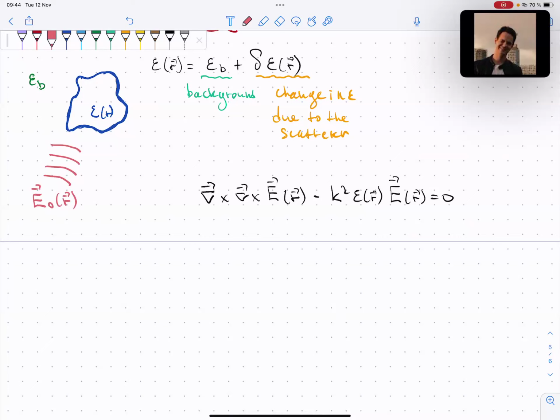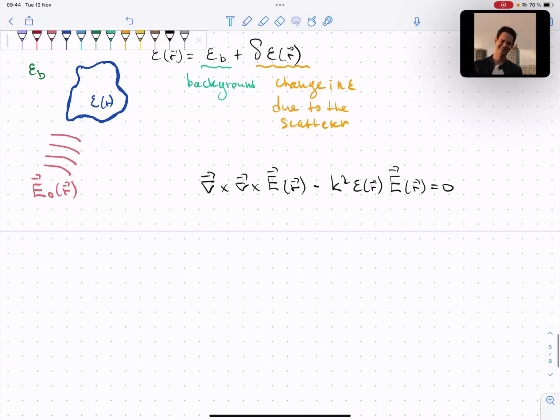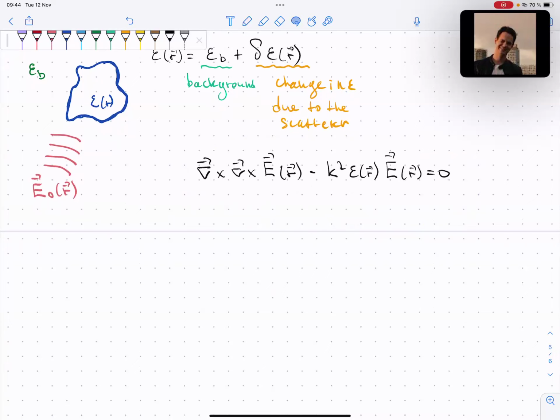What actually will happen in this case? I already told you before, but I want to say this one more time, that this incident field will irradiate our scatterer, and the atoms, the meta atoms, if it's some metasurface or something like this, will be excited by this incident field, and they will produce their own field.